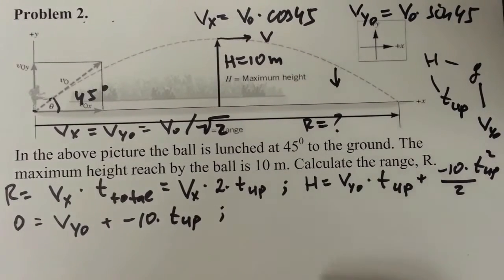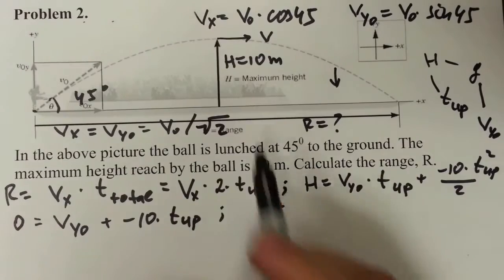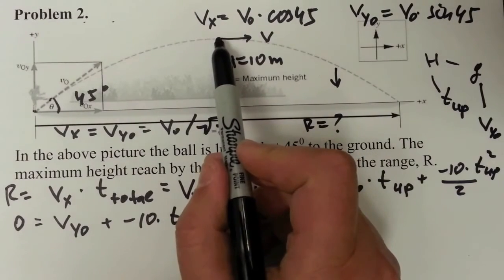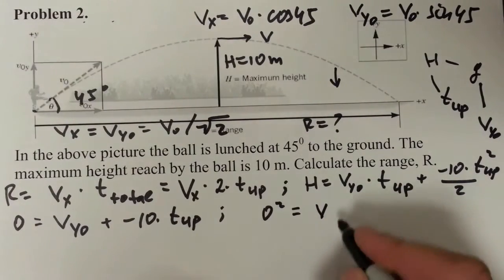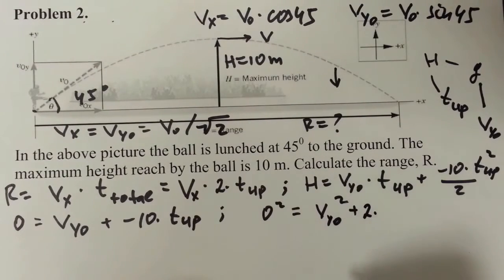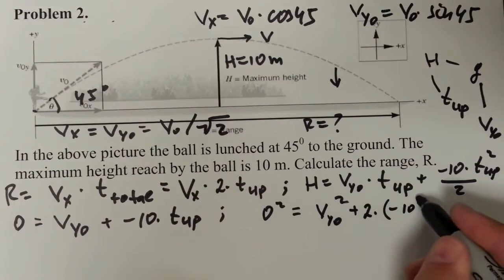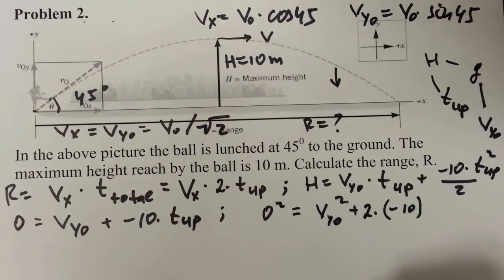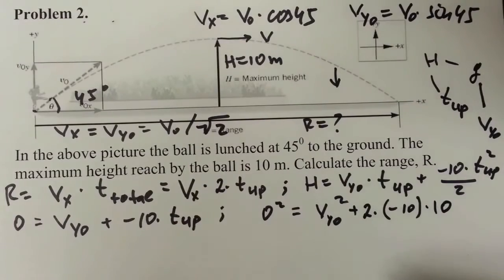So there's one more equation, number 3, which involves squares of velocities. So again, 0 squared, that's the final value of the vertical component of velocity. It's supposed to be equal to initial squared plus 2 times, well, acceleration is -10, and the vertical displacement from here to here is 10.